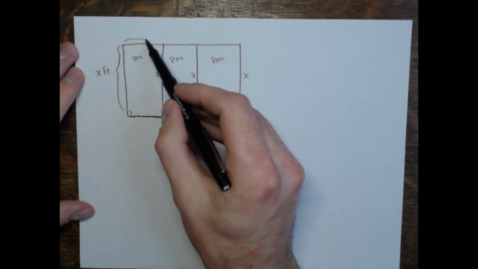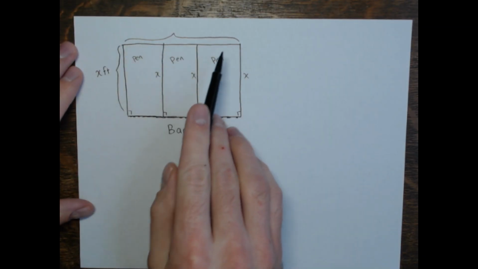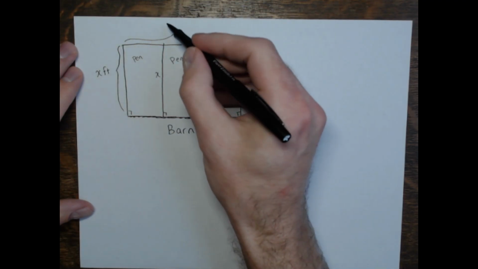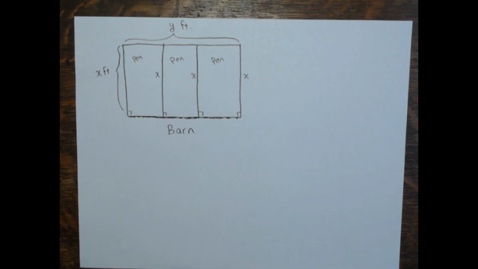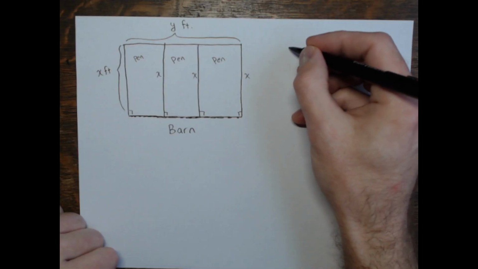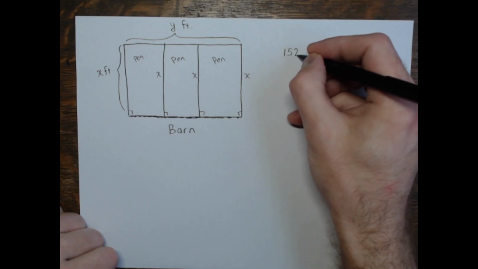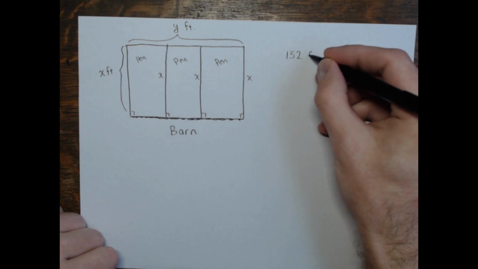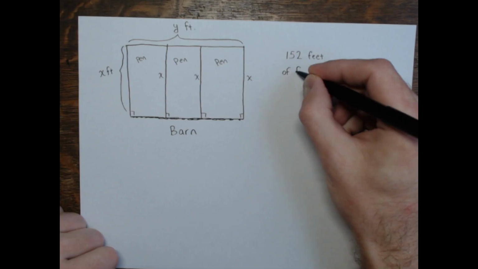And the side parallel to the barn was Y feet. Okay, so here's the diagram they gave us. The only other piece of information I was given was that this farmer has 152 feet of fencing to work with.